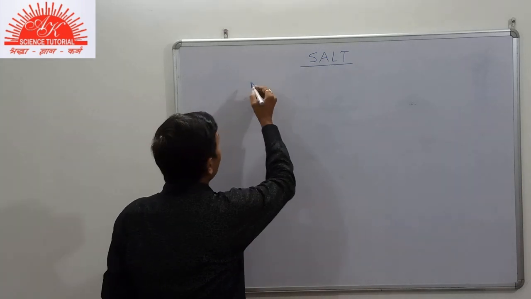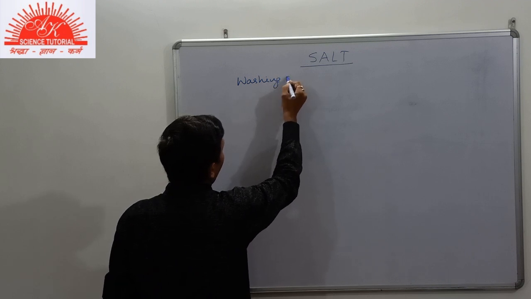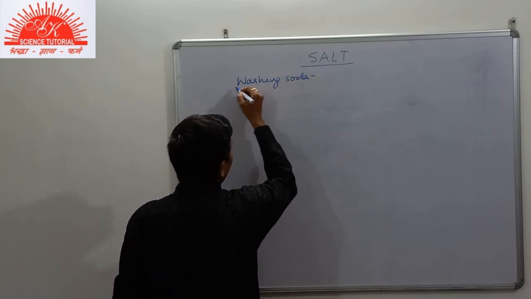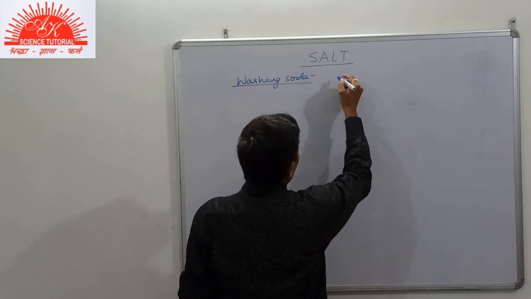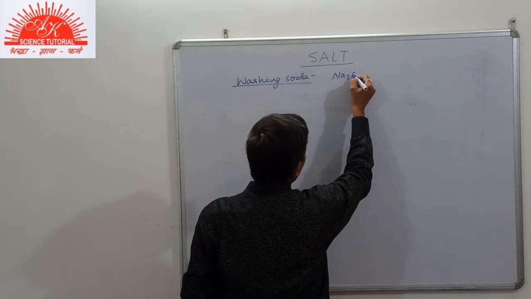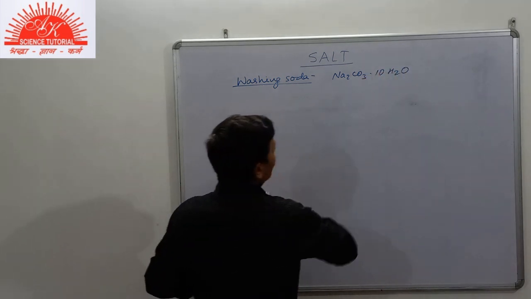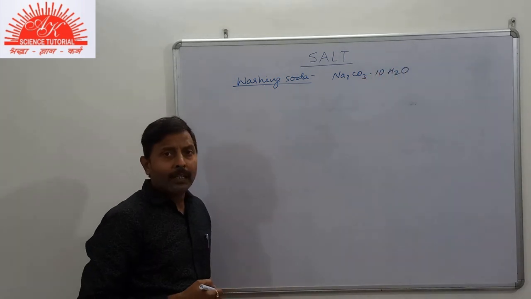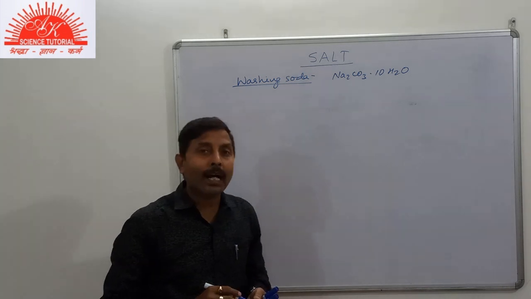Now, the next topic is washing soda. Washing soda is Na2CO3.10H2O. Now, how is it prepared? It is in continuation with the preparation of sodium bicarbonate.